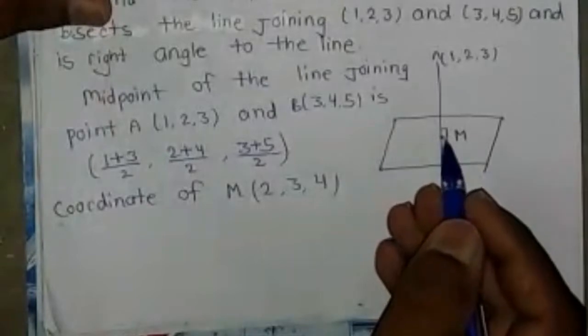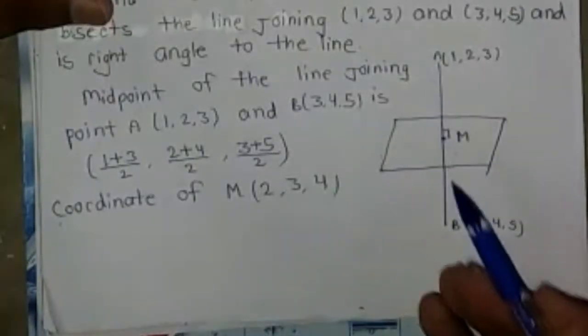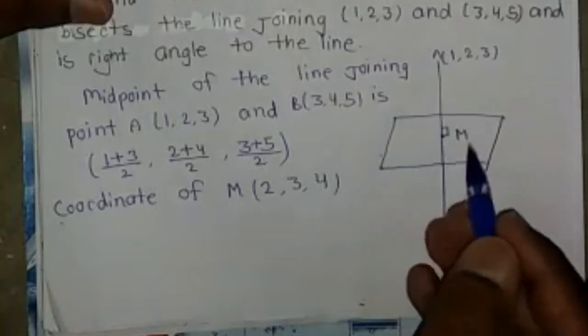Since the plane bisects the line, point M must lie on the plane.